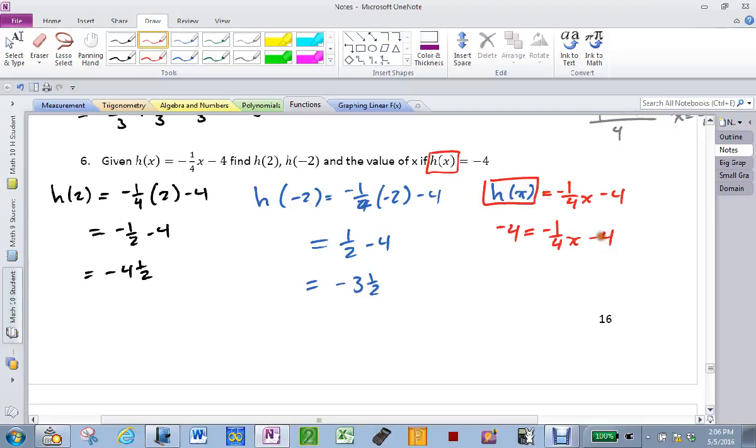How do I get rid of this minus 4? Plus 4. Where else? Plus 4. What's negative 4 plus 4? 0 equals negative 1/4 x. What is the only thing x can be to multiply to get 0? 0. So 0 equals x. Or x equals 0.